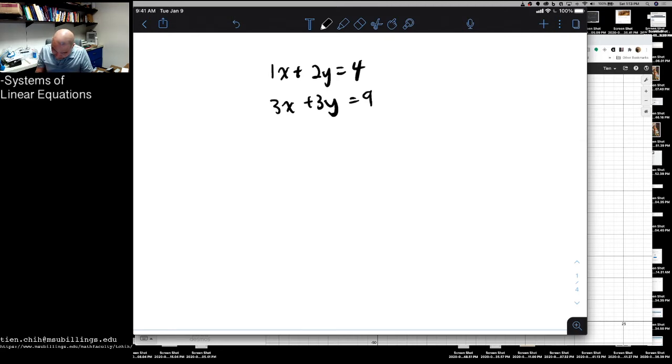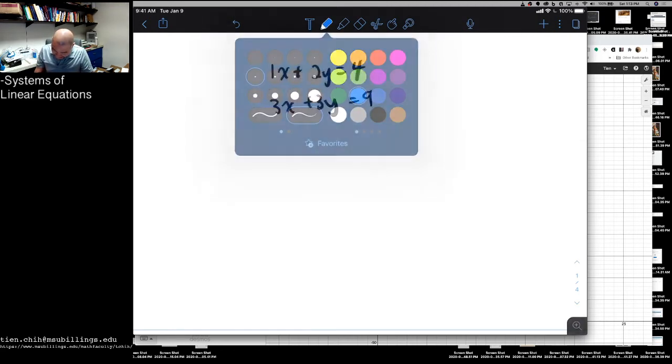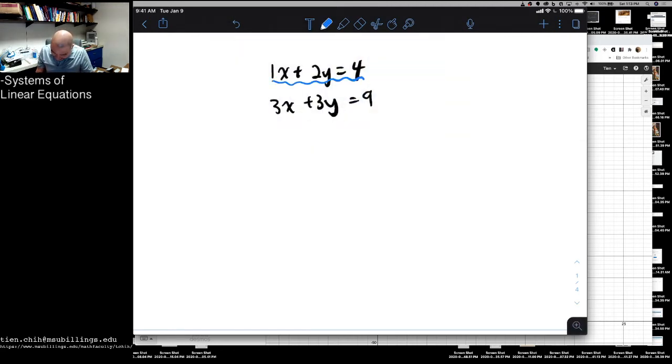Now the thing to observe is that in this case, each of these equations describes a line, right? And so all of the points that make this first equation true, what are some examples? So (4, 0), (0, 2), (2, 1), etc. All of those points, when you put them together, form a line in the plane.